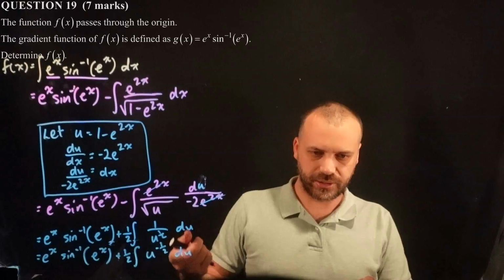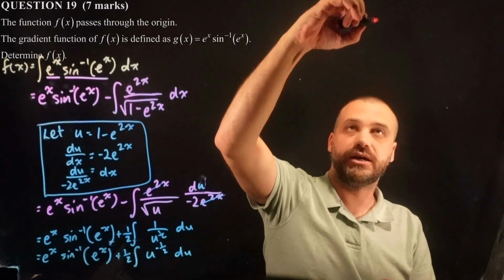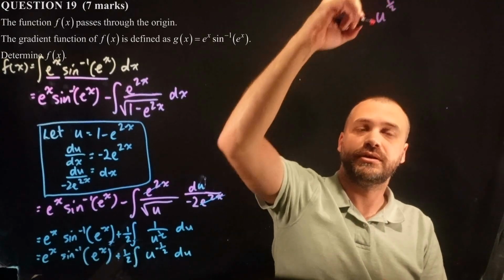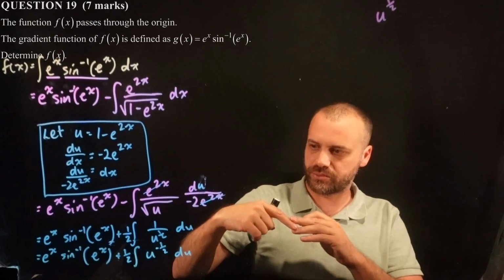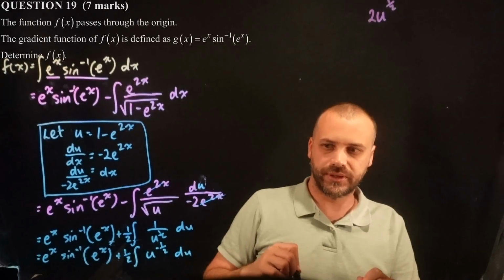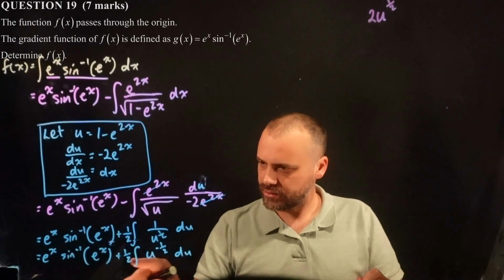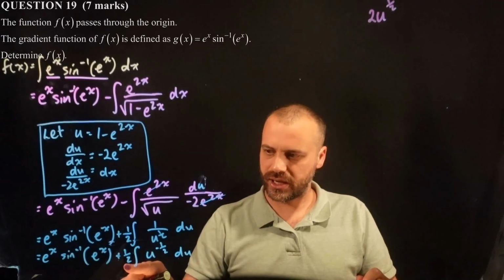We're increasing the power by 1, so u to the negative 1/2 becomes u to the 1/2. So let's put that there. And then we're dividing by the new power. So dividing by a half, that's the same as multiplying by 2. Great. Now that means we've integrated this, but remember it was going to get multiplied by a half as well.